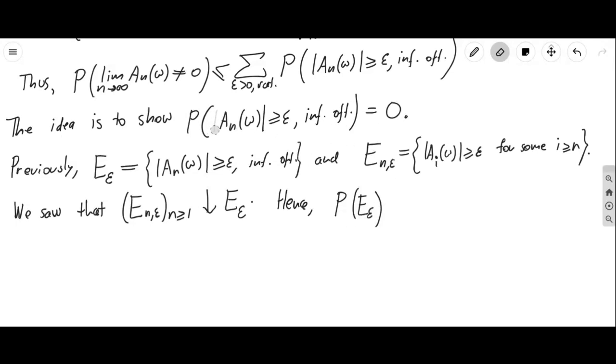But the probability of this event can be expressed as the intersection. So you have this nested collection of events that are decreasing, as the intersection of these. So by the continuity of probability measures, this would be the limit as n goes to infinity of P of E_n epsilon.